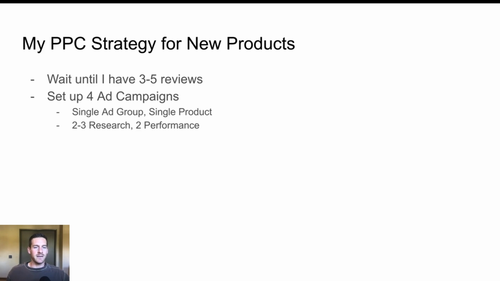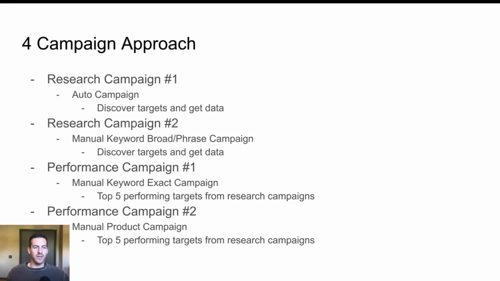So what do I mean by this? Here is the 4 campaign approach. Essentially, what you need to do when you first start running ads is you need to collect data. You need to understand which keywords you can profitably bid on and which products you can profitably bid on to advertise your product. So the first step is to collect data.